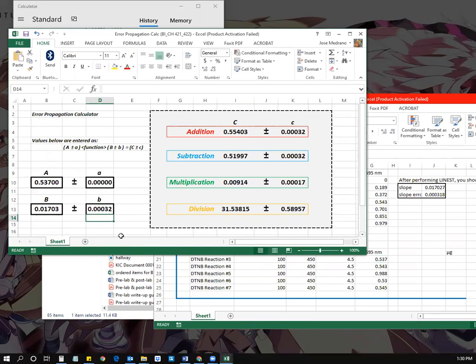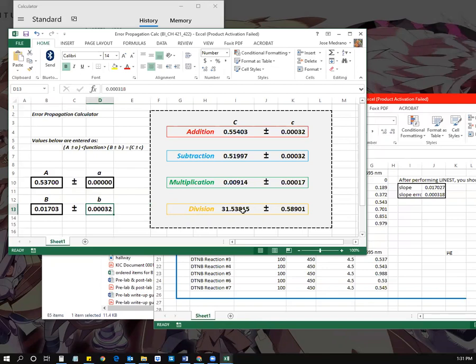That's the error in the slope. And when I set this up correctly, what I'm looking for now is the division between these two measurements and error.